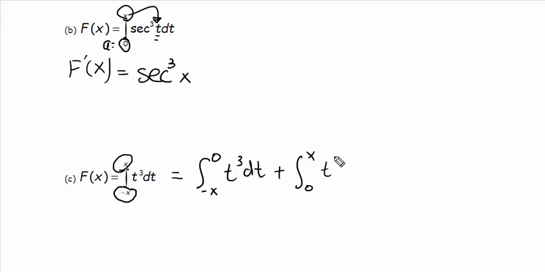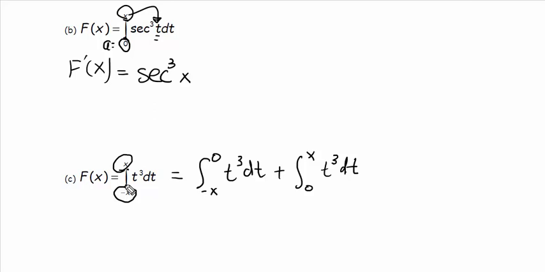I think I said t dt, so sorry about that. Now, I'm just doing that because 0 is halfway between negative x and x. So this is a logical way to do this.